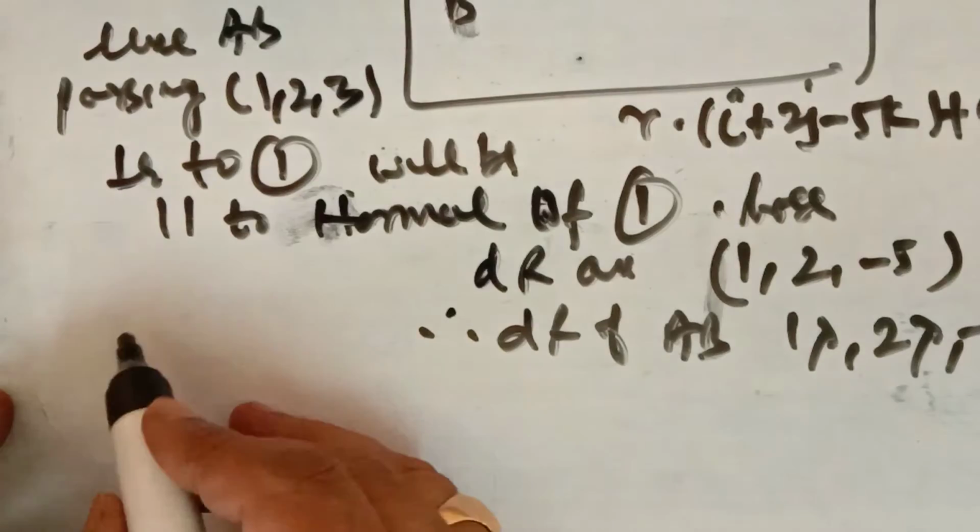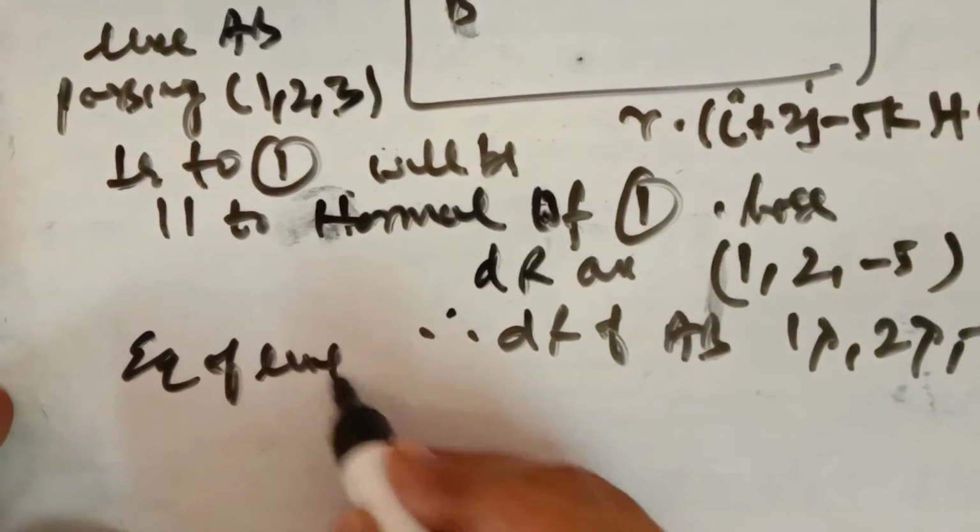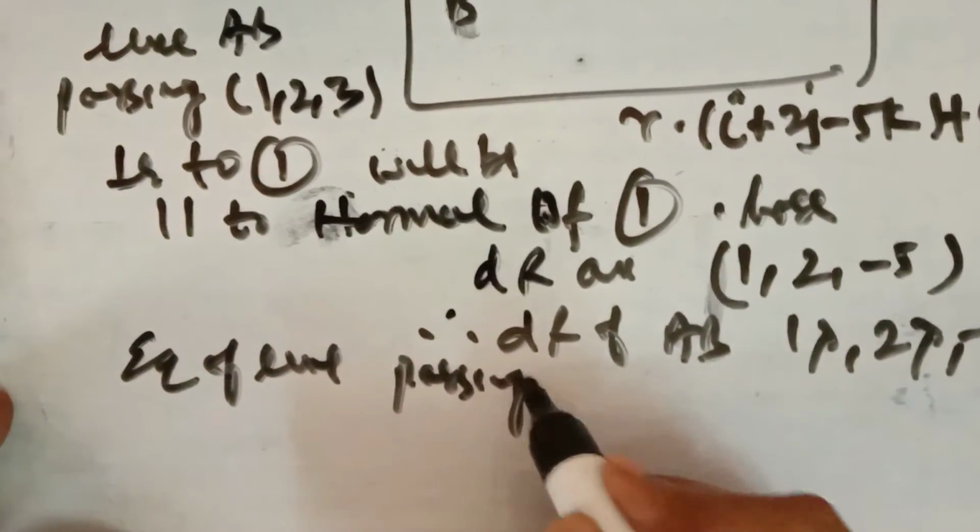So you can find the equation of the line passing through the point, which point is it passing through?